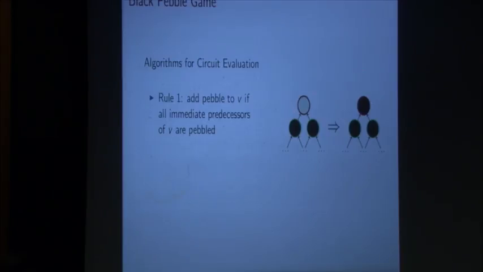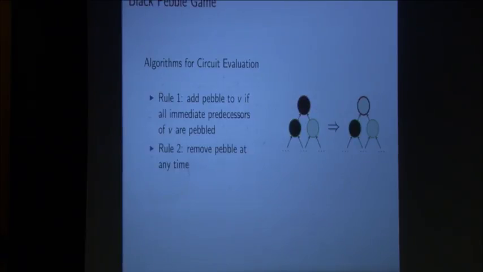If all immediate predecessors of the node have been pebbled, then you can add a pebble to it. That's the first rule. In particular, if you have a source node, then you can always add a pebble to a source node, because logically, all its immediate predecessors, which is none, are pebbled. Okay. So that's the first rule, to add a pebble.